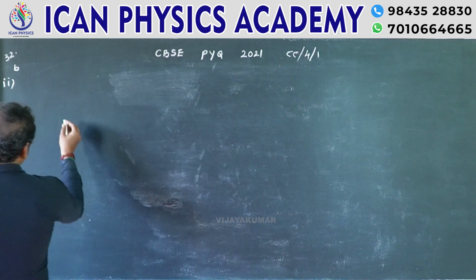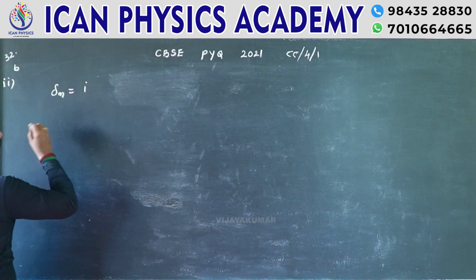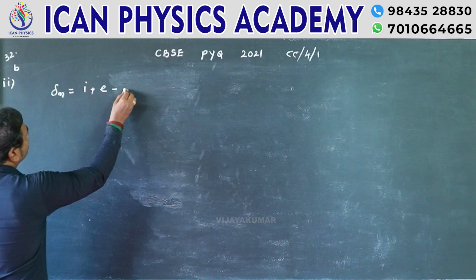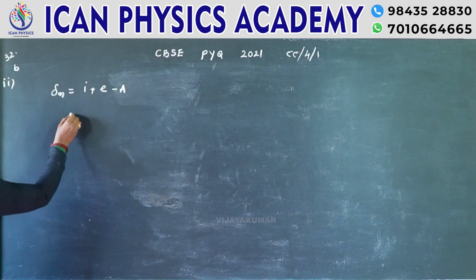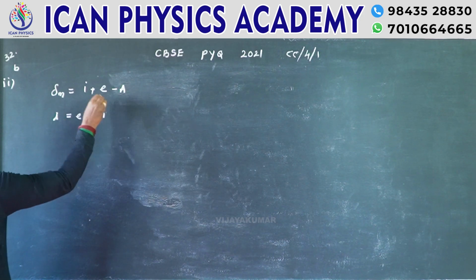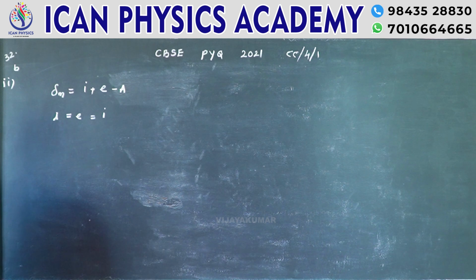Okay. So, what is the formula for del m? That is incident angle plus angle of emergence minus A. Okay. So, I and E are equal. So I plus I, it becomes 2I.